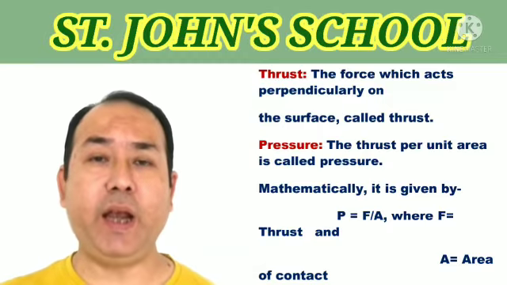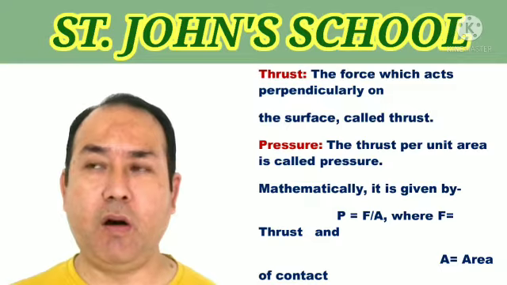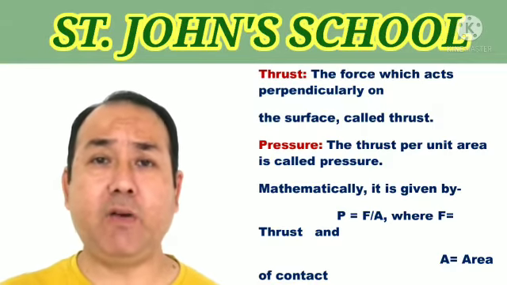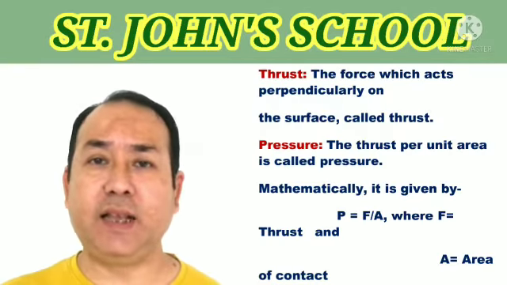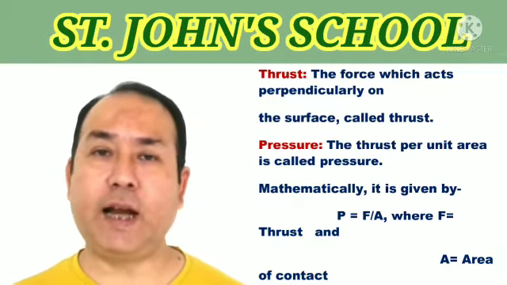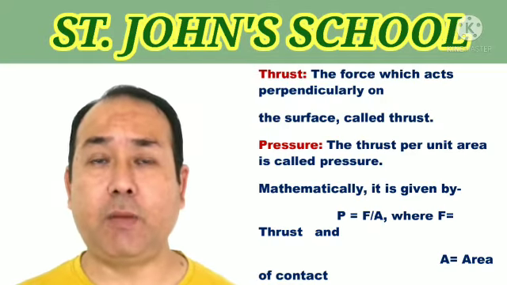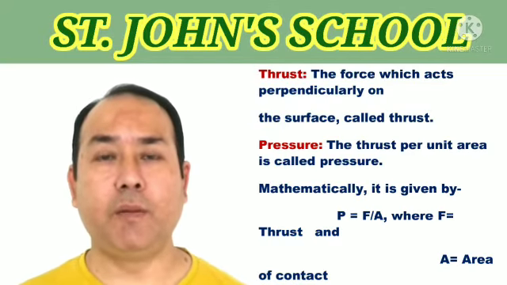When you apply force at 90 degrees on any surface, that type of force is what we call thrust. So thrust is a force, and that is why it is measured in Newton. If you are asked about the SI unit of thrust, you need to say Newton.